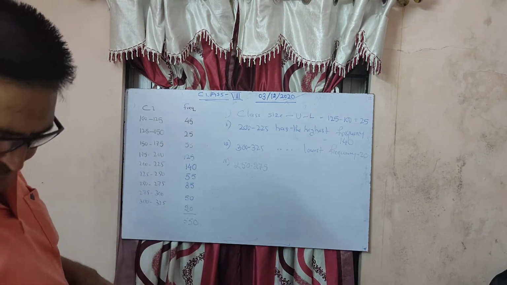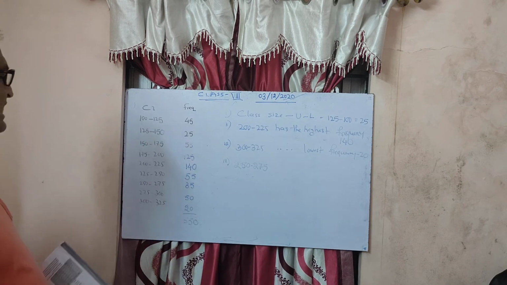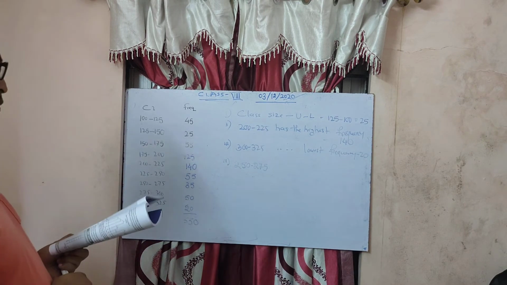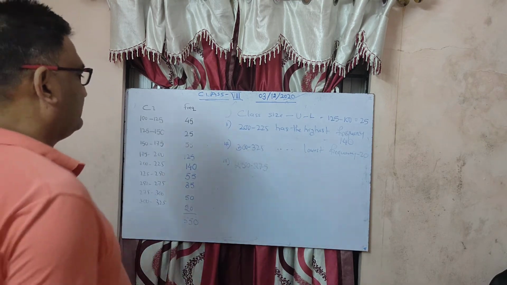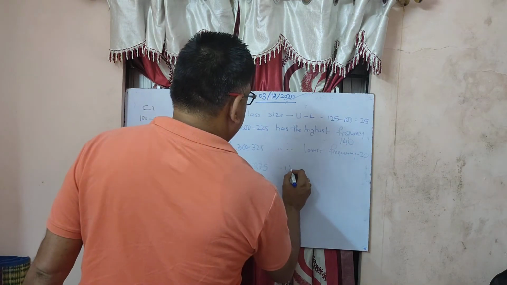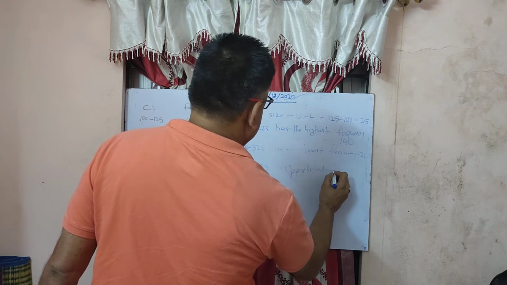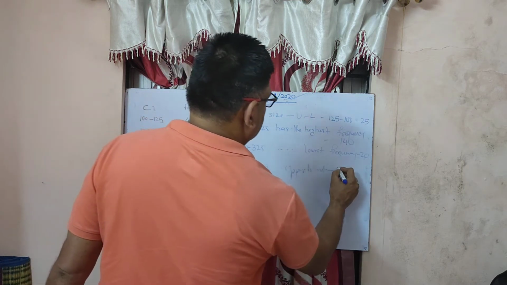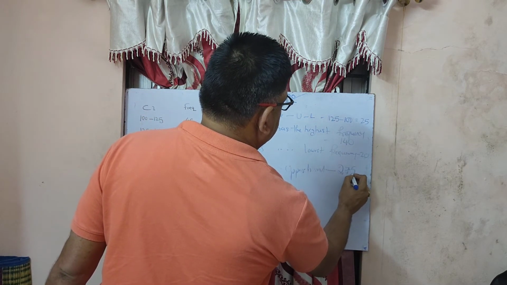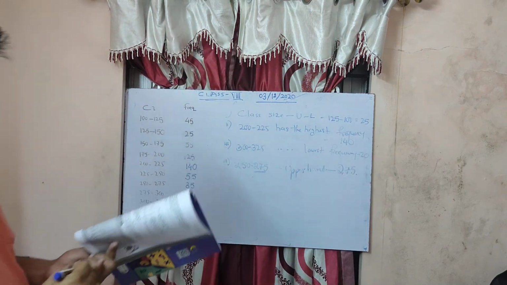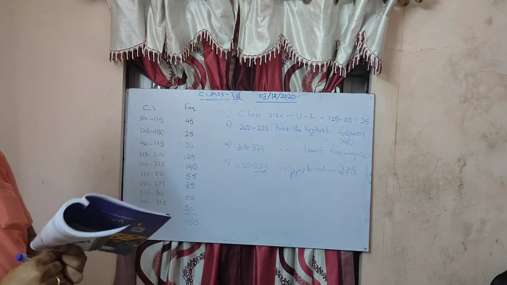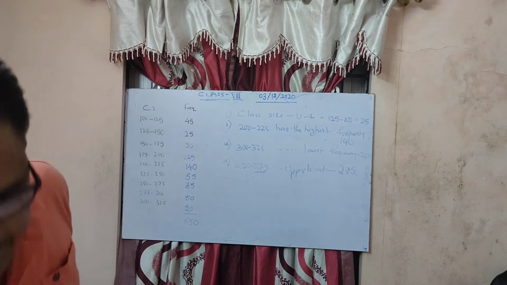This is the upper limit. 275 is the upper limit.